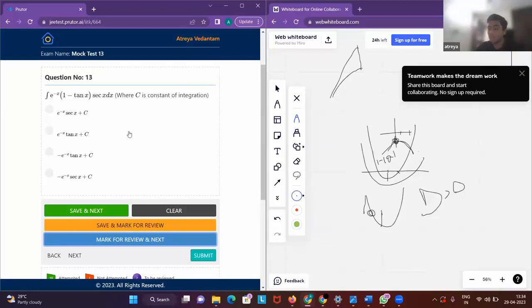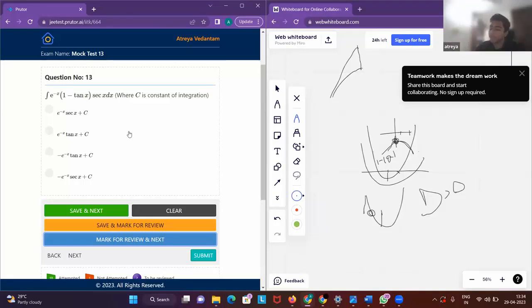Here in this case, the constant is minus 1, I mean the coefficient. So you have e power minus x times (secant x minus secant x tan x). You know that the derivative of secant x is secant x tan x, so that is not much to worry about, and you have a negative sign as well.